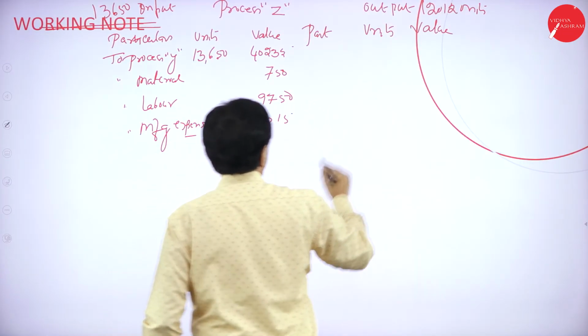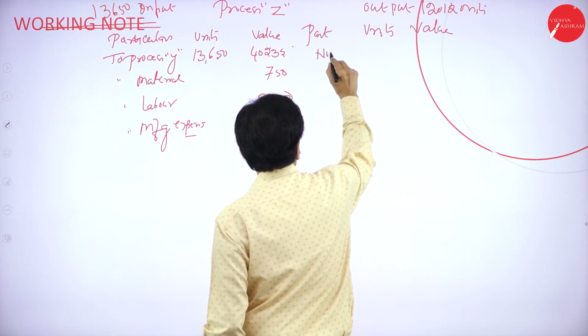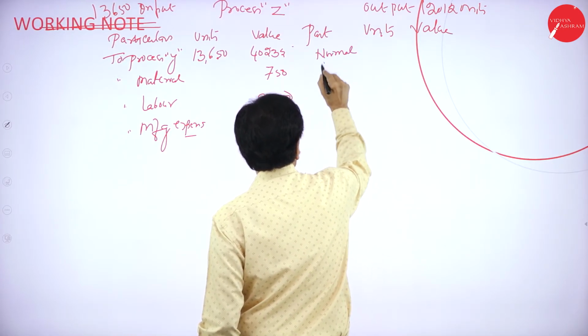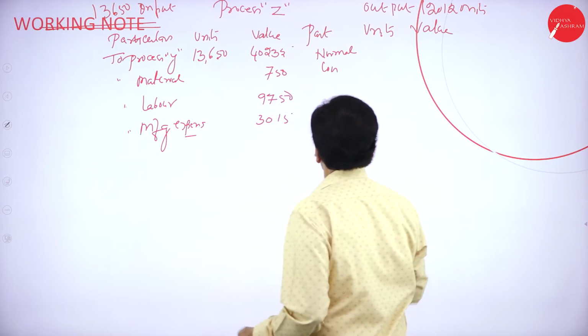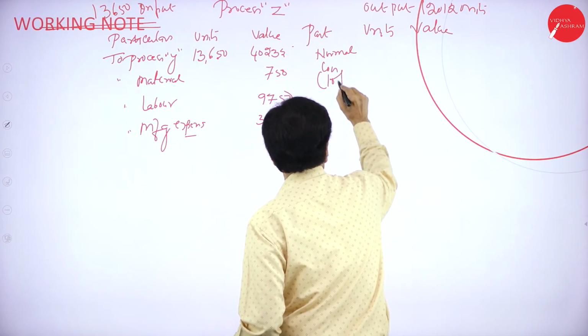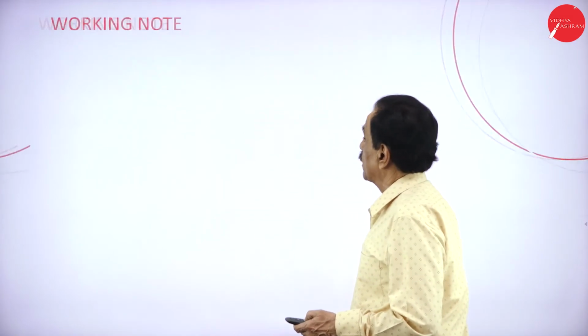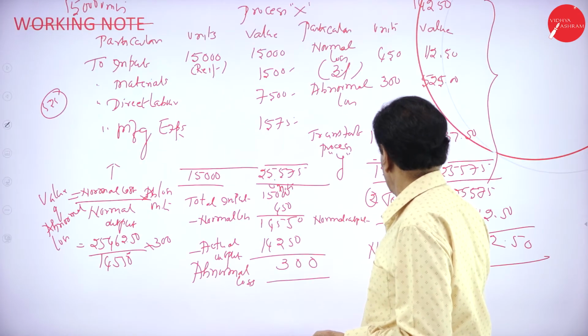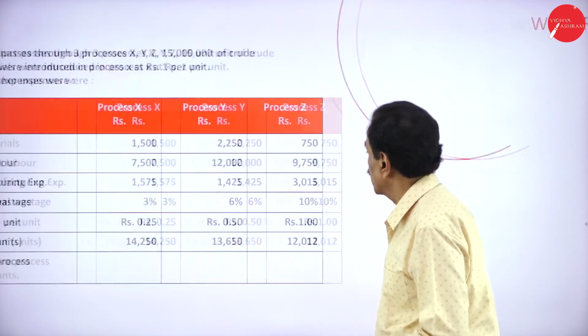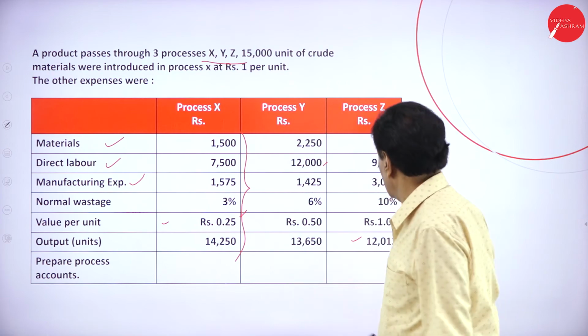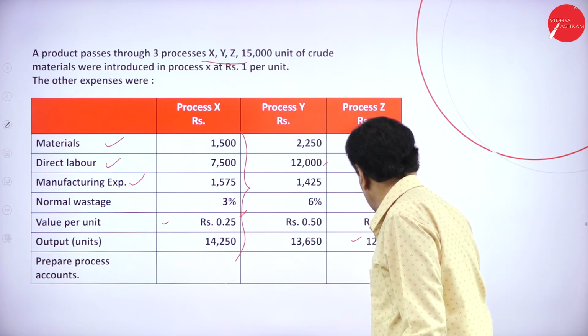By normal loss 10% on input. See the board? What's your normal loss? What's the percentage? 10%.